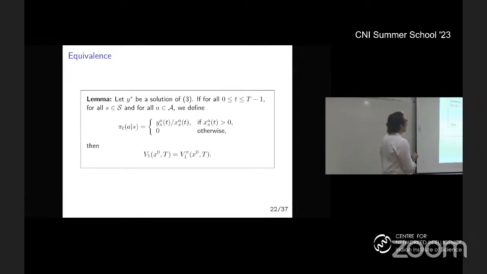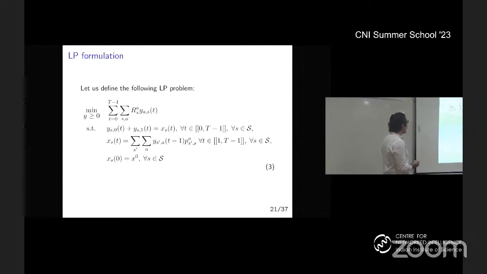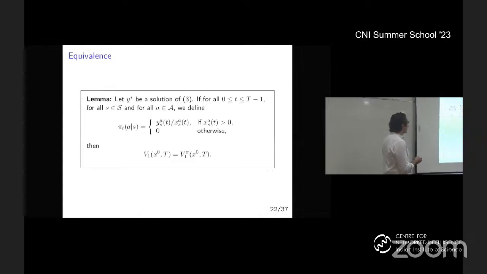What we'll prove now is that when Y star is a solution of the LP, then taking this policy, which is Y star divided by X star, where X star is the summation of the Y, then you obtain your optimal policy.